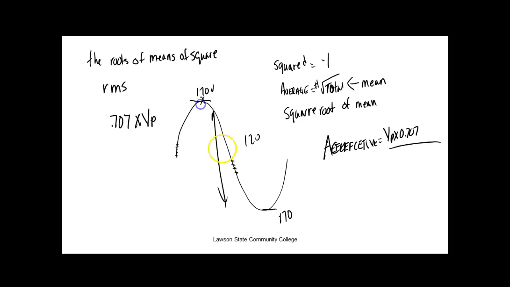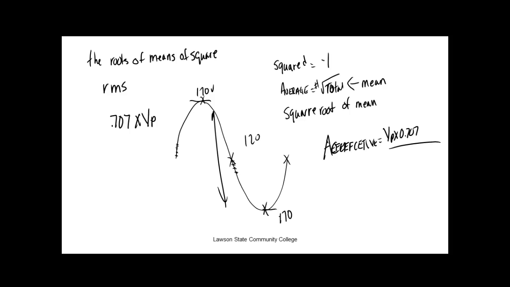And 120 is the work you're getting, because it's only at the peak for a heartbeat. Then it comes down to 0, then it comes up here. So your devices are seeing this effective voltage. They're not seeing peak, and they're not seeing peak to peak. They're not seeing this 340 volts peak to peak. They're seeing 120 volts.